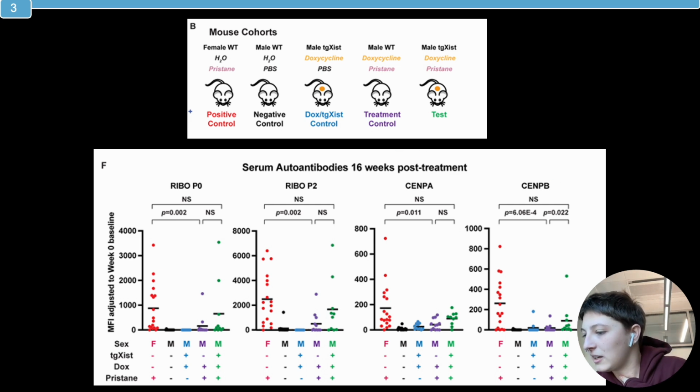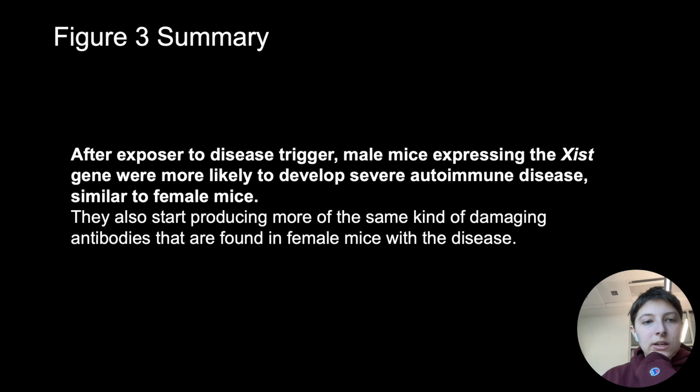So let me just make sure that I got everything I wanted to. Yeah, okay, so figure 3 summary, figure 3 is basically saying that after triggering this disease in these autoimmune prone mice, right?